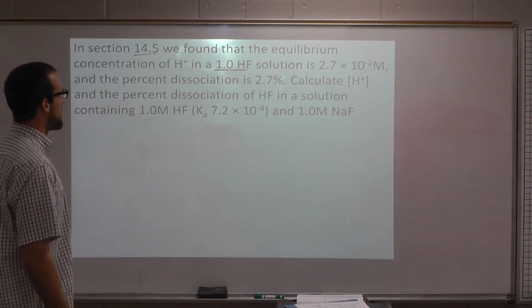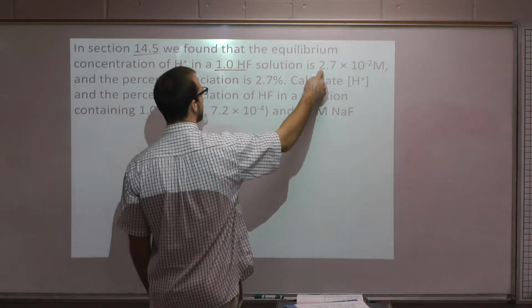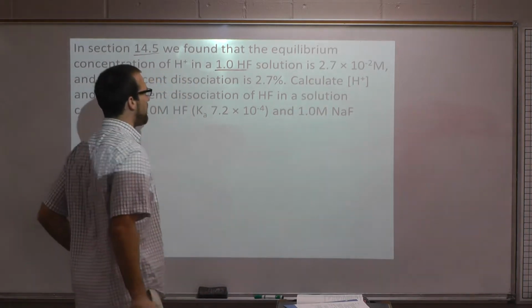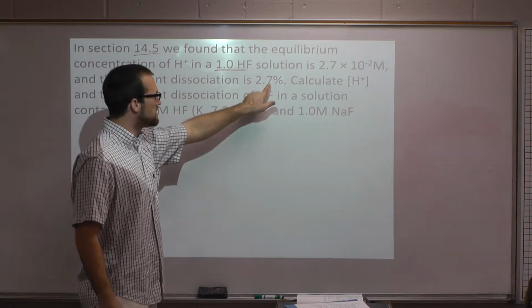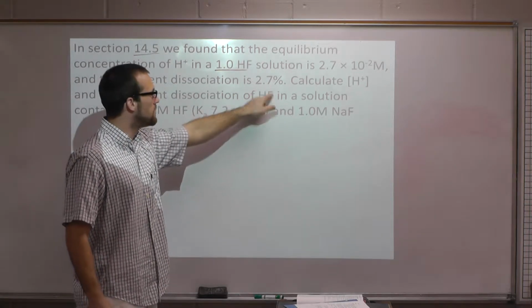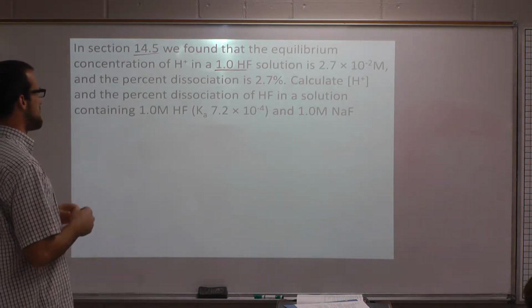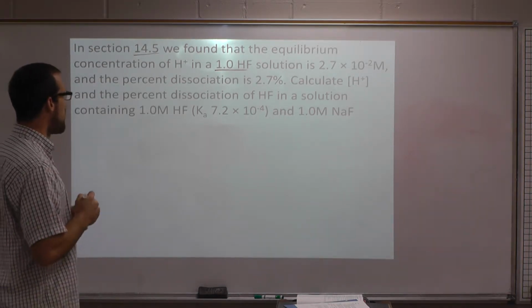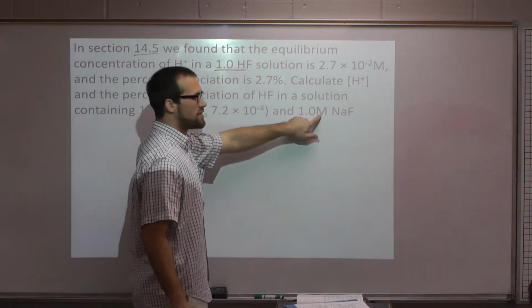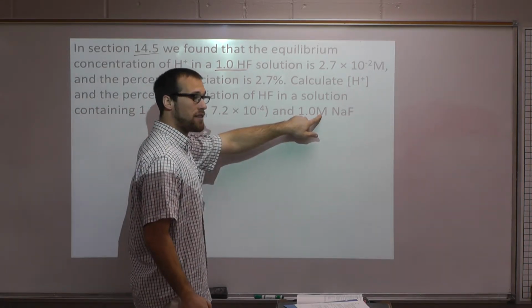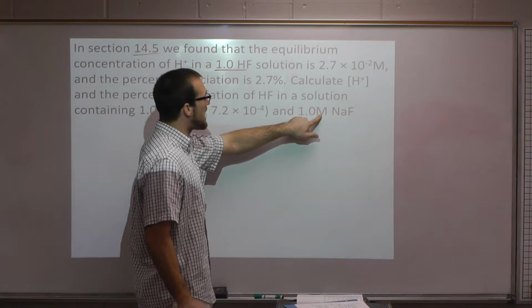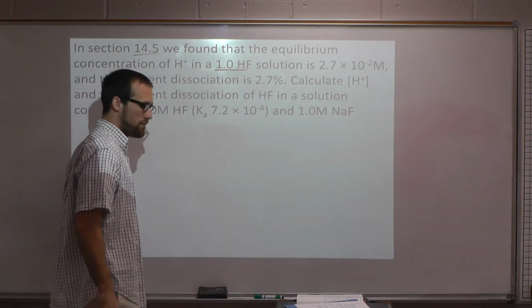We found what the concentration was. It was this. And we found out what the percent dissociation was. It's the 5% test. Now it wants us to do the exact same thing, except we have some salt in there as well. Kind of the idea that we just talked about in theory a second ago. We're going to do the math with it.